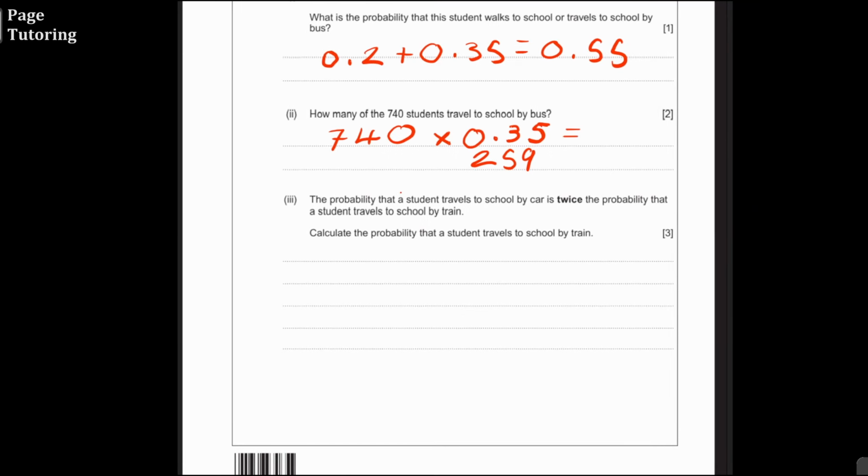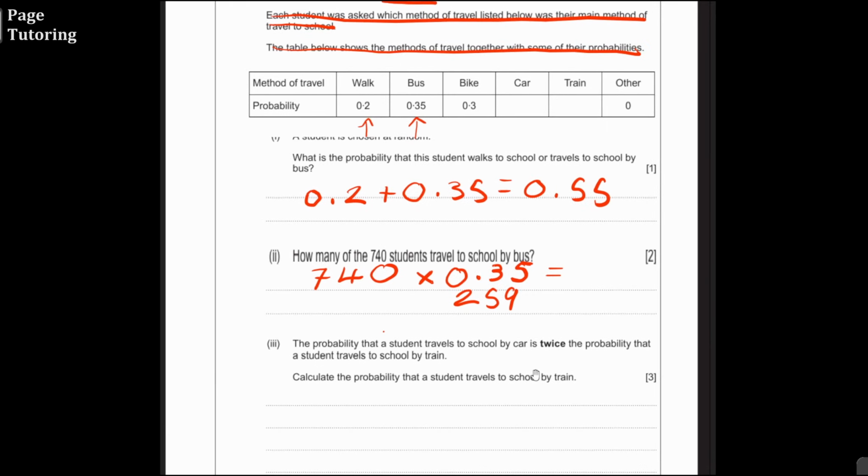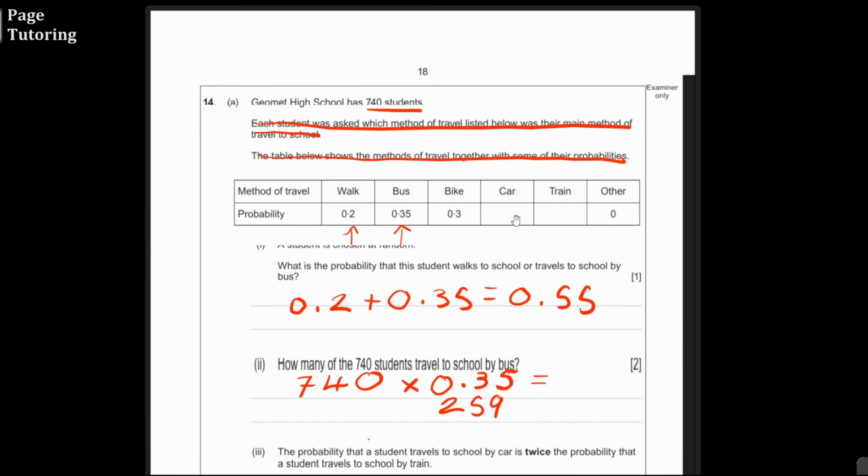III. The probability that a student travels to school by car is twice the probability that a student travels to school by train. Calculate the probability that a student travels to school by train. Okay, so it's given as a relationship between these two currently empty probabilities.